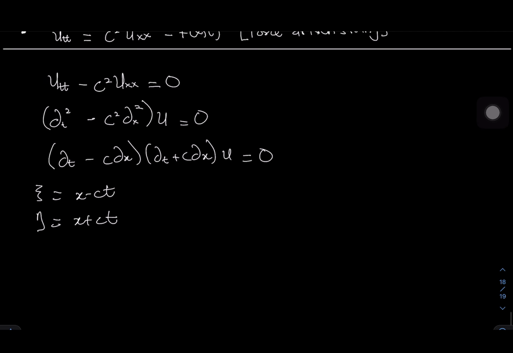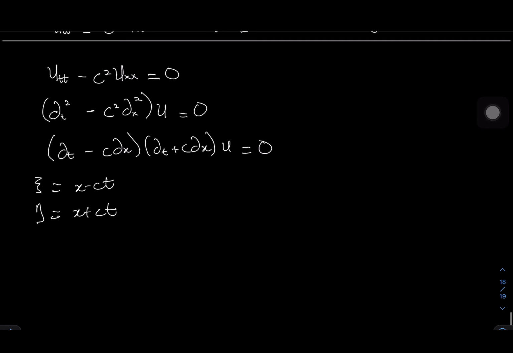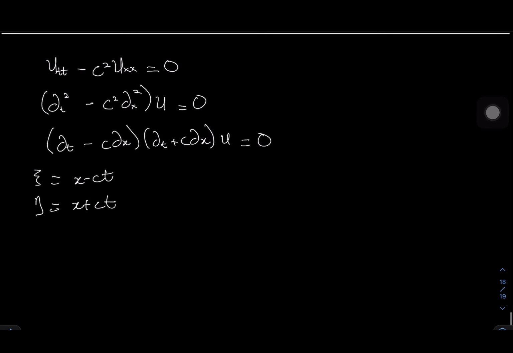Anytime we do a change of coordinates, what do we do? We take the derivative of u with respect to t, since that is what we have, and that is going to be the derivative of u with respect to xi, times the derivative of xi with respect to t, plus the derivative of u with respect to eta, multiplying the derivative of eta with respect to t.